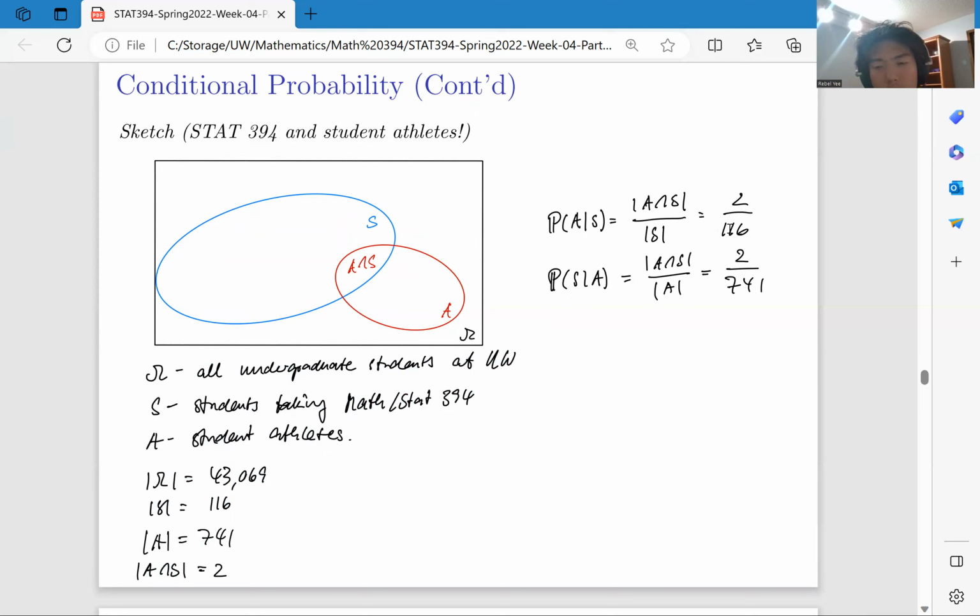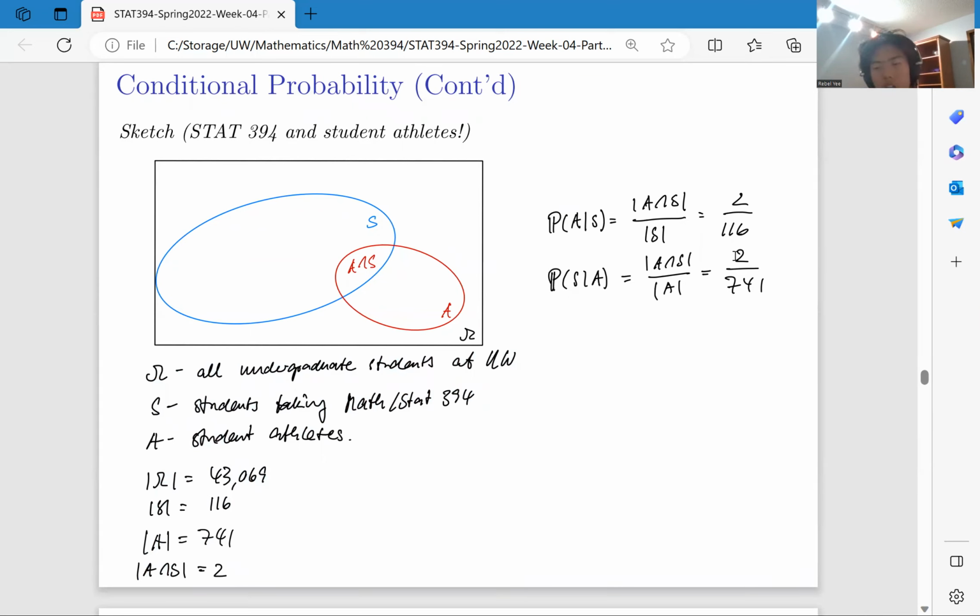2/116. But what if we already know a student is an athlete, what is the probability that he is taking 394? This becomes A intersection S divided by A, because athlete is our condition right now. We already know it's athlete. So this is 2 divided by 741.